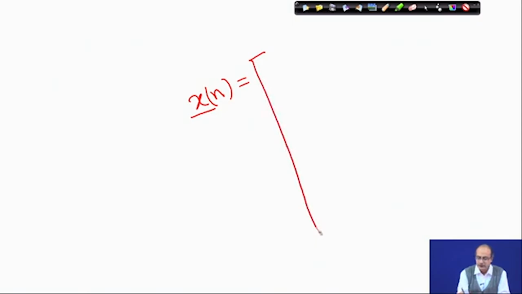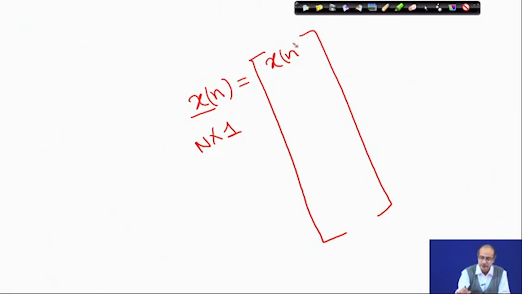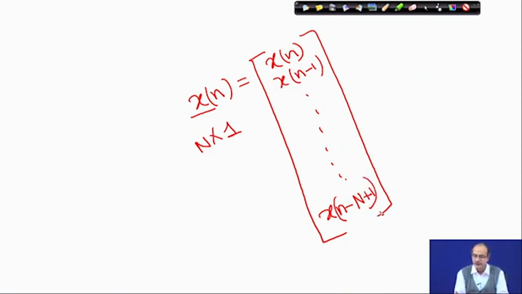So, it is a vector of dimension N by 1. x[n] is the latest sample, followed by a couple of the previous samples going up to x[n minus capital N plus 1]. Okay. So, it has N samples, and for that we are computing this. In the same way, we can write the other quantity y[n plus k].